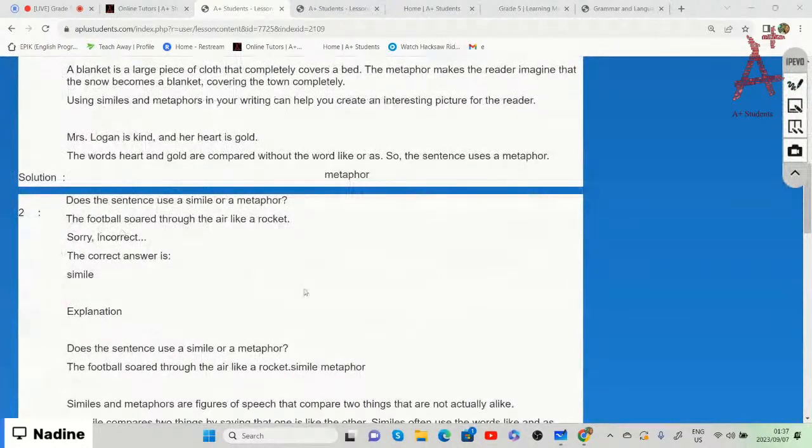The football soared through the air like a rocket. We need to say if that is a simile or if it is a metaphor.